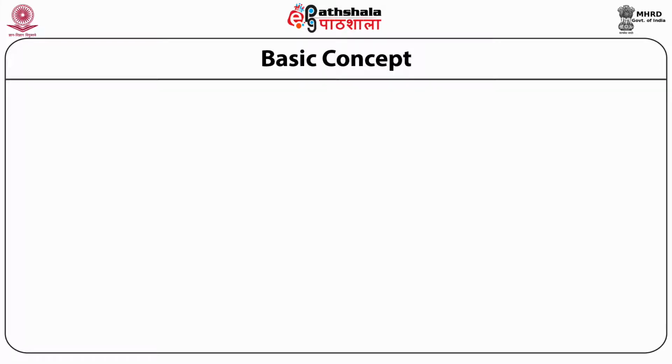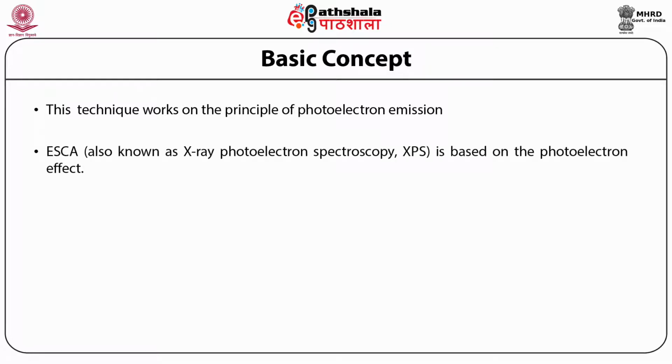The basic concepts involved in this spectroscopy called ESCA: this technique works on the principle of photoelectron emission. ESCA, also known as X-ray photoelectron spectroscopy or XPS, is based on the photoelectric effect.